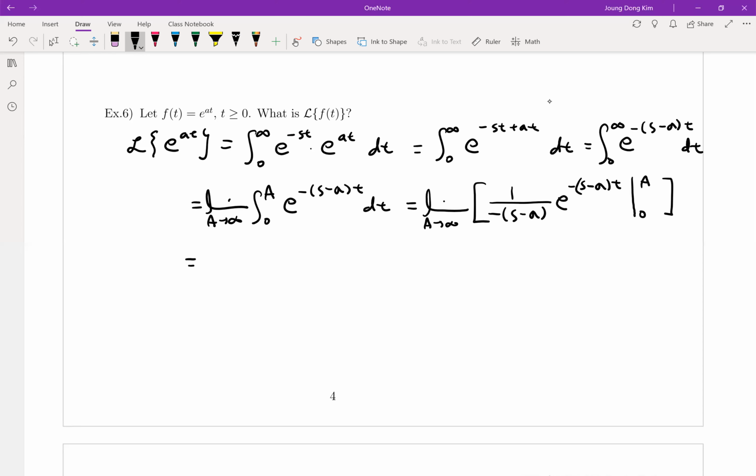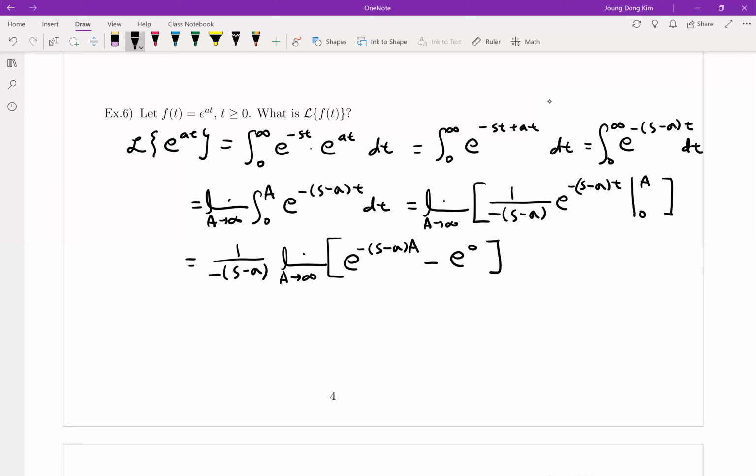Since 1 over minus (s minus a) is a coefficient, we can write it in front of the limit. So 1 over minus (s minus a), limit as capital A goes to infinity, plug in A first, which is e to the minus (s minus a)A, minus e to the 0, which is 1.